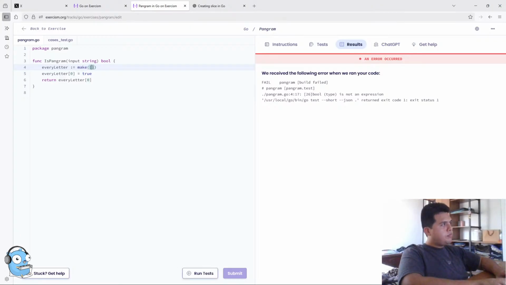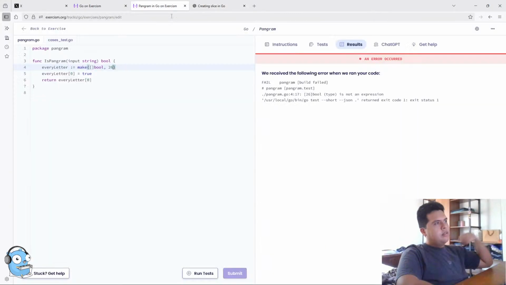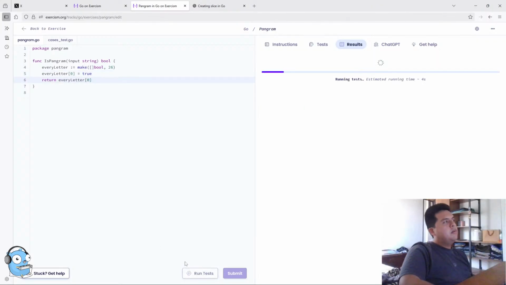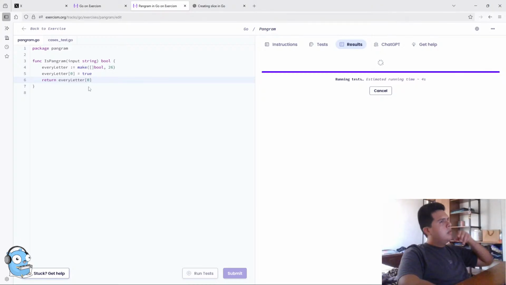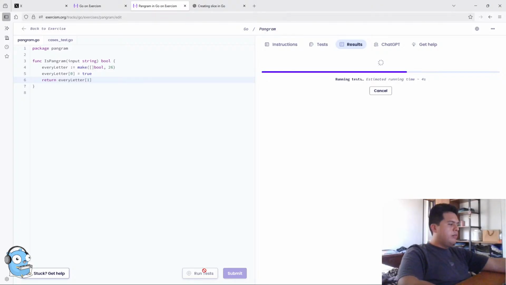Make bool 26. That's right. And I want to know if it works. Okay, and it doesn't work. I don't know why. Half of those were true, and the other half were false.